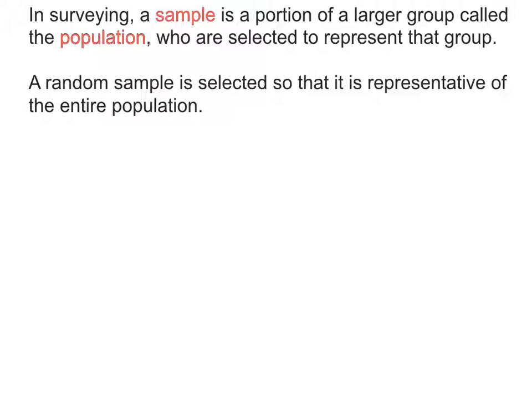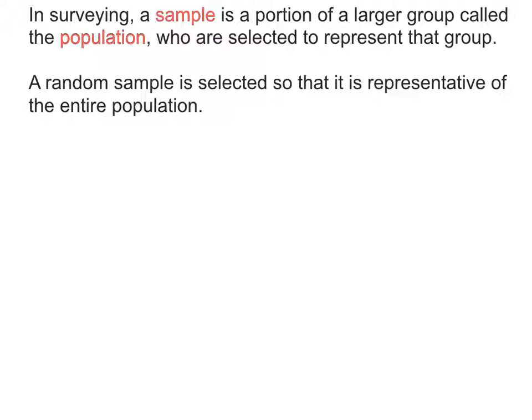So a sample is a smaller portion of the entire population that's available, and that sample is used as a way to represent the group as a whole. So the sample demographics, in theory, should be similar to the population demographics overall.